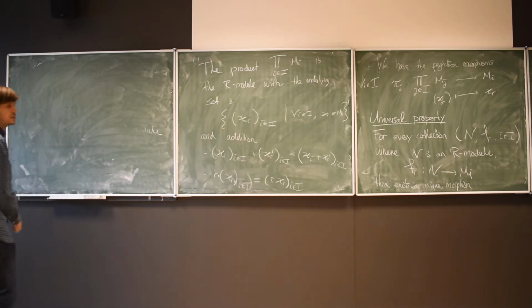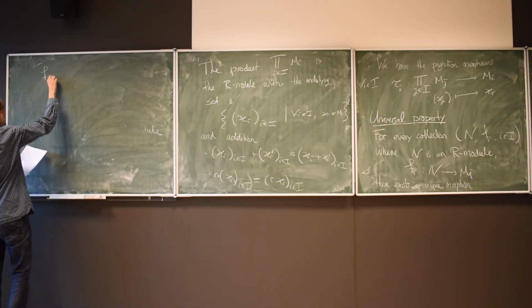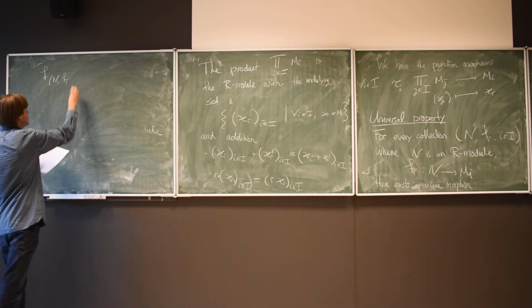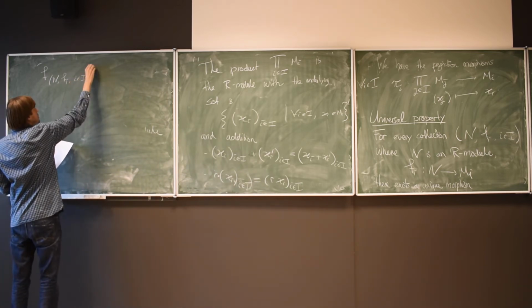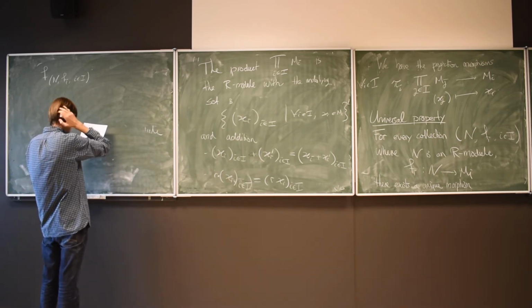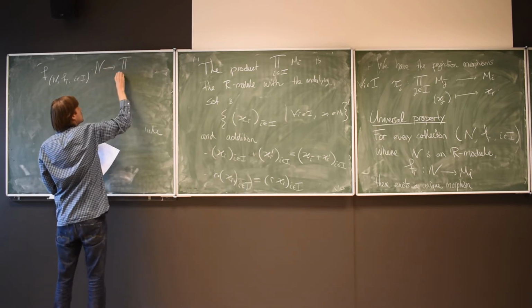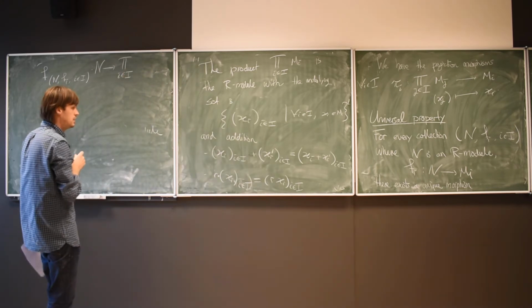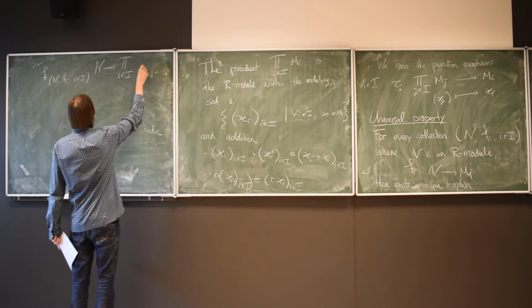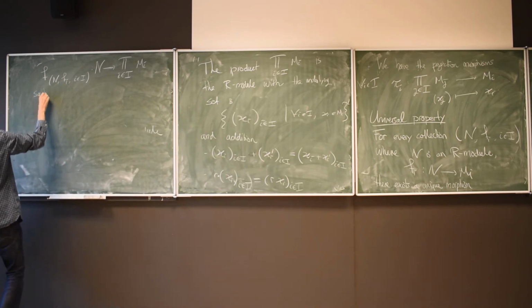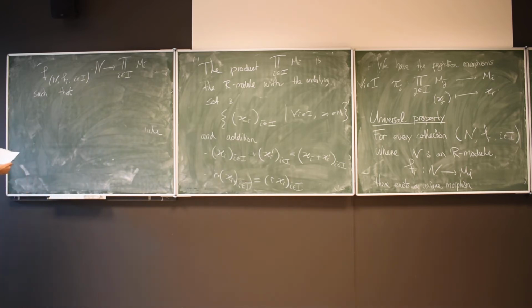So there exists a unique morphism f that is attached to this data that you give me. That goes from N to the product over i in I of Mi, such that, well, the obvious relation holds.